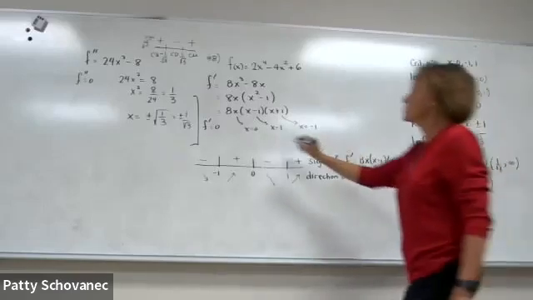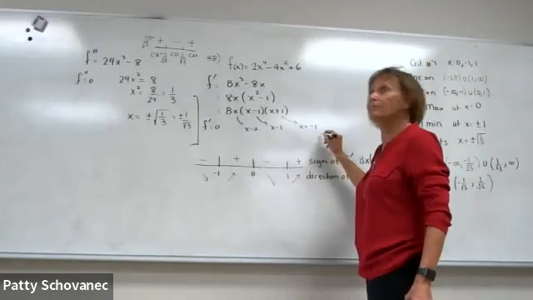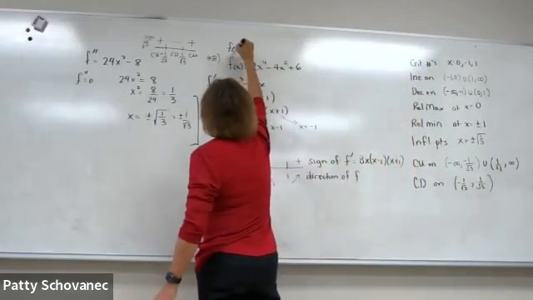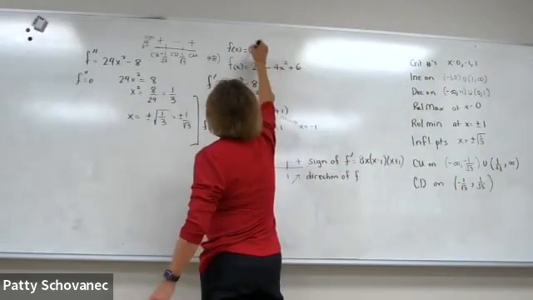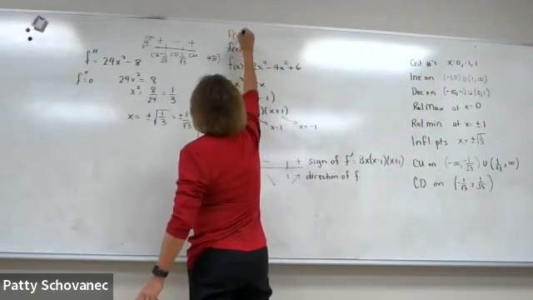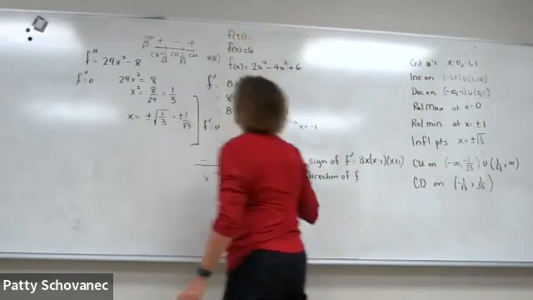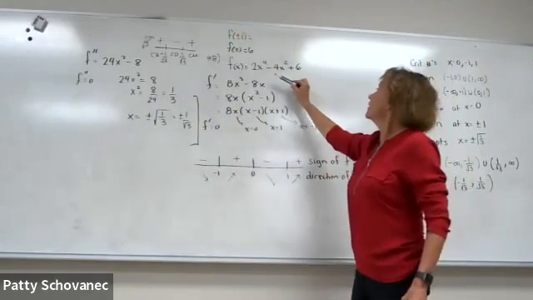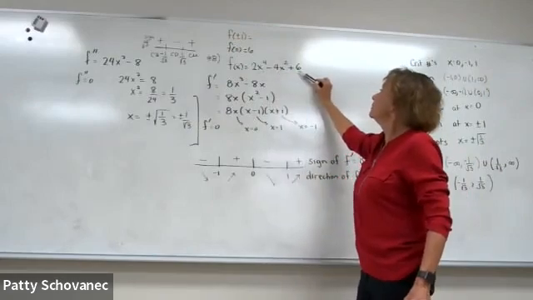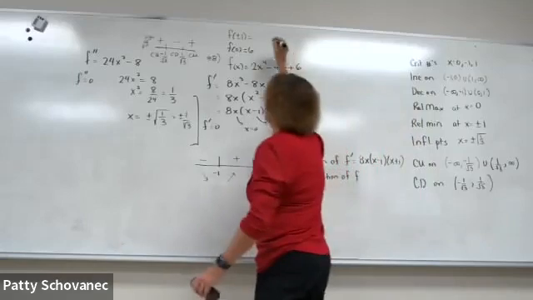And if we plot these three numbers, we can get a pretty good graph. So let's go ahead and do that. F at 0 is just the 6. These are even powers. So F at plus and minus 1 will be the same. There'll be 2 minus 4 is -2, plus 6 is 4.